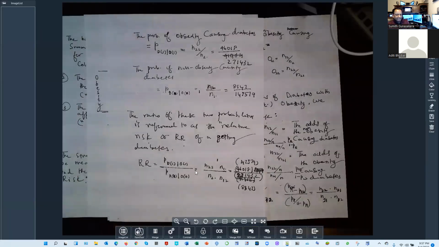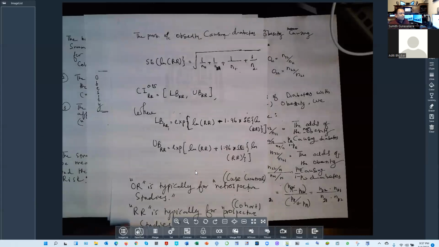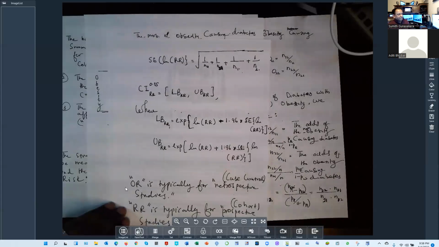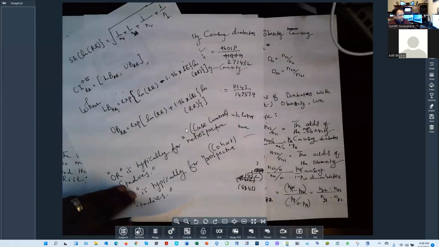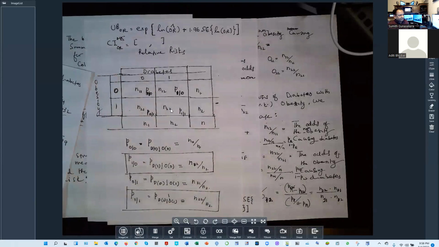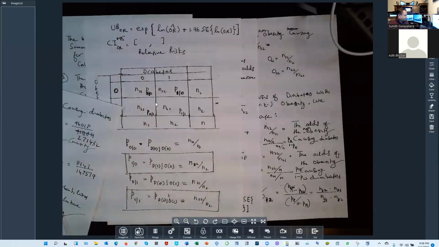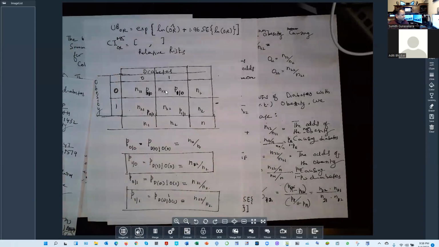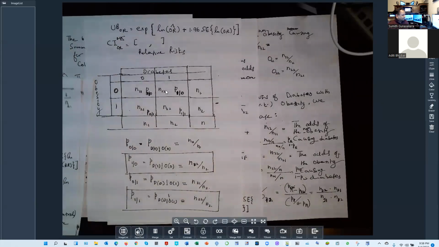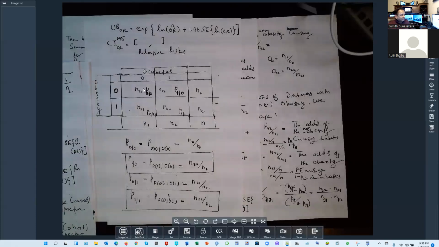The formula says standard error: 1 over n11, 1 over n21, 1 over n1 dot, 1 over n2 dot. Mainly you are on n11 and n21. That means it's related to column 1.